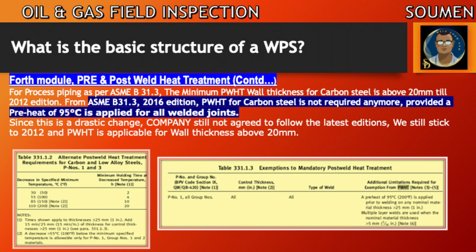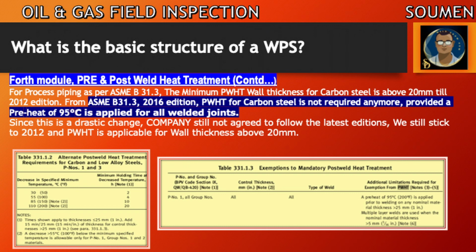For process piping, as per ASME B31.3, the minimum PWHT wall thickness for carbon steel is above 20 mm till the 2012 edition. There is a major change in ASME B31.3 from the 2016 edition onwards, where PWHT for carbon steel is not mandatory anymore, provided a preheat of 95 degrees centigrade is applied for all the welded joints, which is also kind of inconvenient to maintain for all the welds.